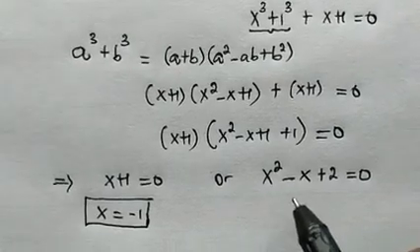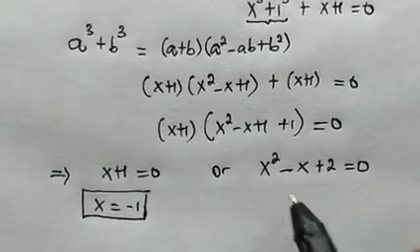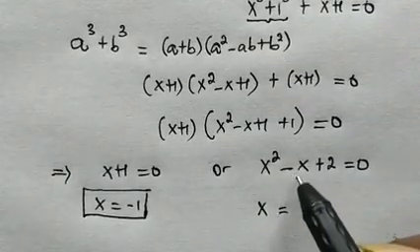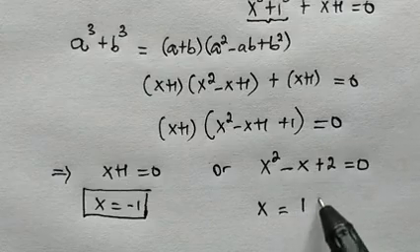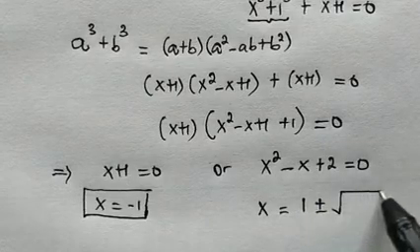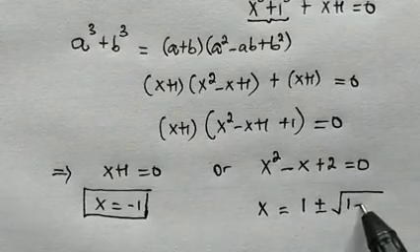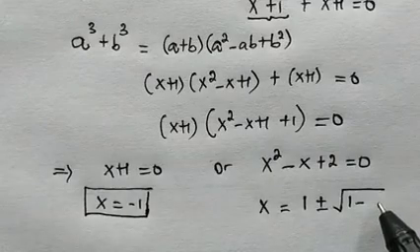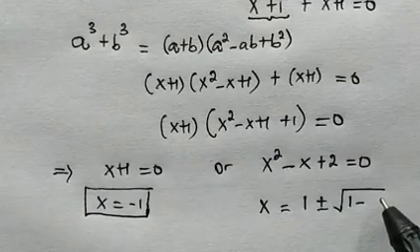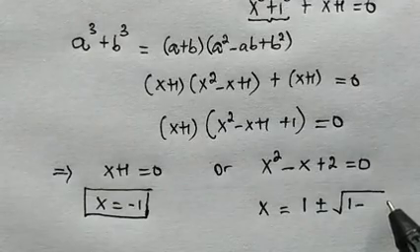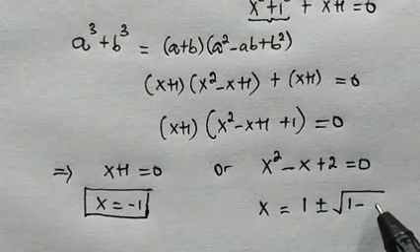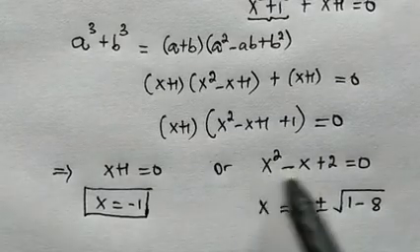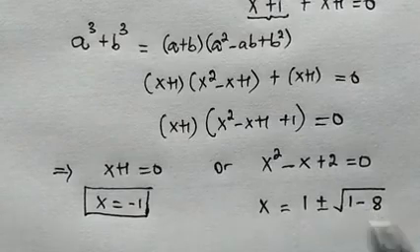And for this part here, we make use of the general quadratic formula. So we get x will be equal to negative b, b is negative, so negative b will be 1, plus or minus the square root of b squared, which is 1, minus 4ac, which is 8. Is that 8? Yes, so we have here 8, because 4 times 1 is 4, times 2 is 8.